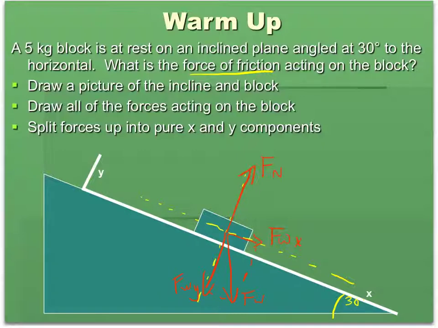Now this problem is bringing in friction. We know that friction always opposes motion, and so Fn is going to be equal and opposite still to Fwy, and what's causing this block to move is its x component of weight. So it's going to slide down the ramp, but we know that friction is going to oppose that, and so we have our force of friction, which is acting up the ramp.